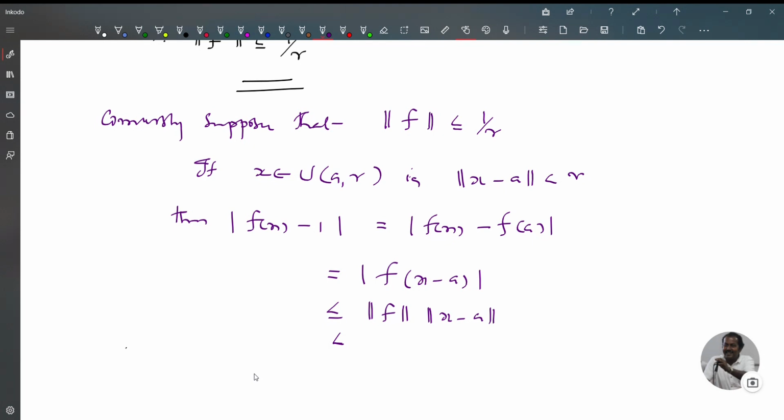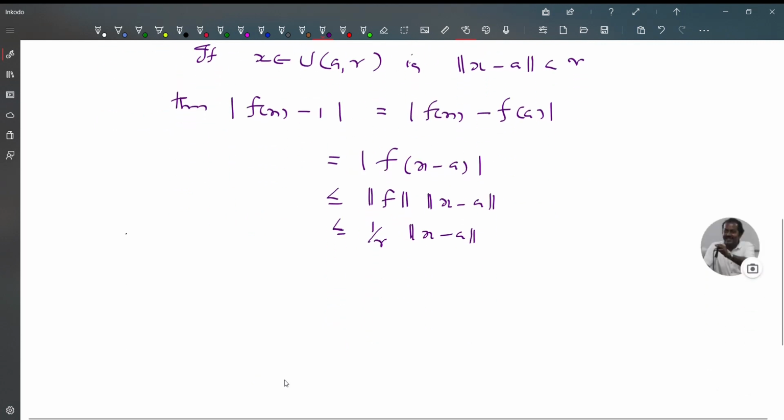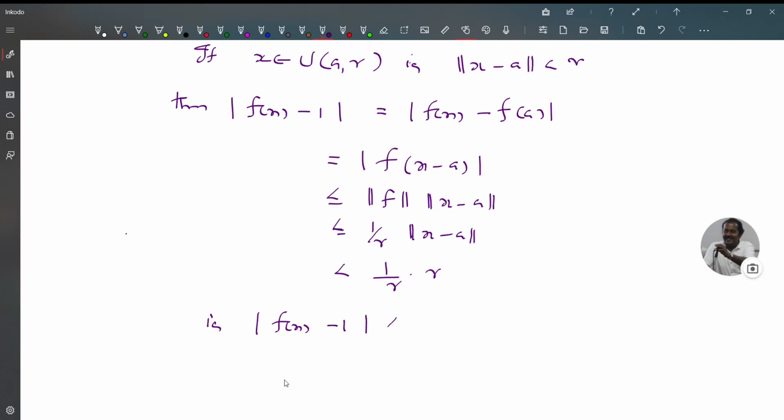Norm f is less than or equal to 1 by r, so this is less than or equal to 1 by r into norm x minus a, and you know norm x minus a is less than r. So this is less than 1 by r into r, that is, modulus of f of x minus 1 is less than 1.